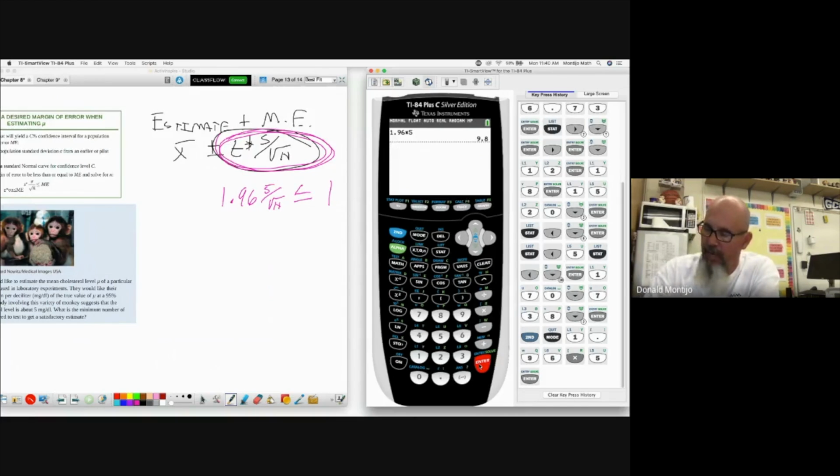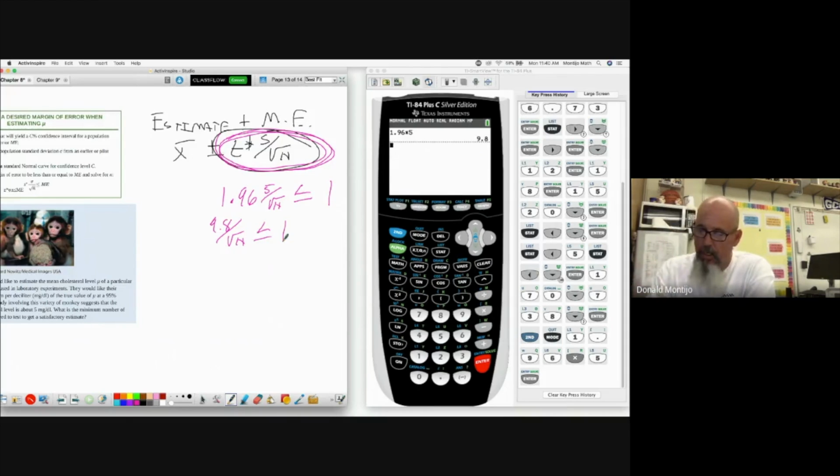Okay, so I have 9.8 over the square root of n has to be less than or equal to 1. Okay, now let's multiply both sides of the equation by the square root of n. So if I multiply both sides of the equation by root n, these will cancel out. Now I'll have 9.8 is less than or equal to square root of n.